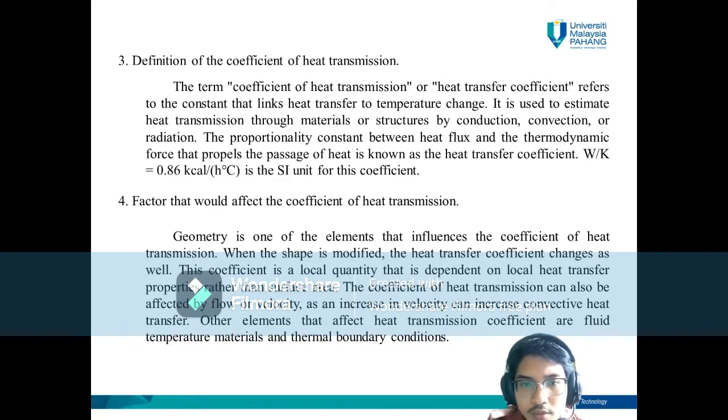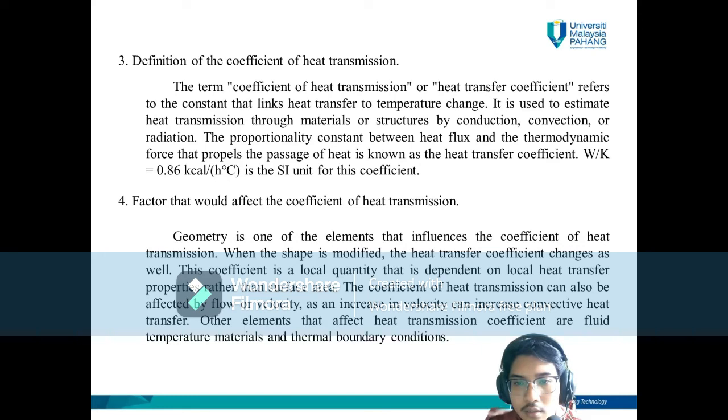Okay, for the number 3 discussion, the definition of coefficient of heat transmission. The term coefficient of heat transmission or heat transfer coefficient refers to the constant that links heat transfer to temperature change. It is used to estimate heat transmission through a material or structure by conduction, convection, or radiation.